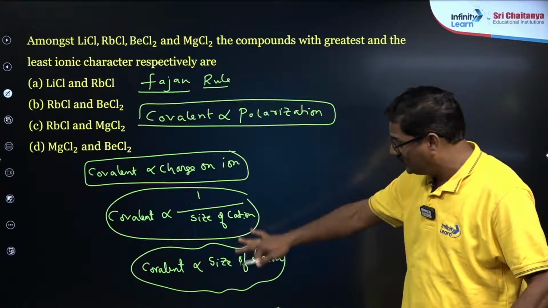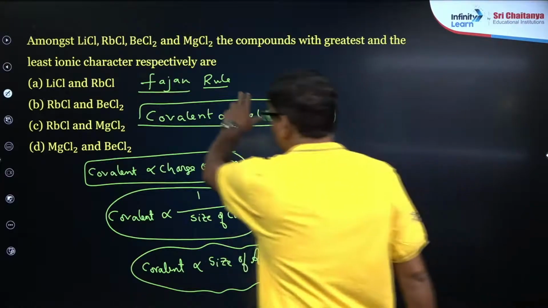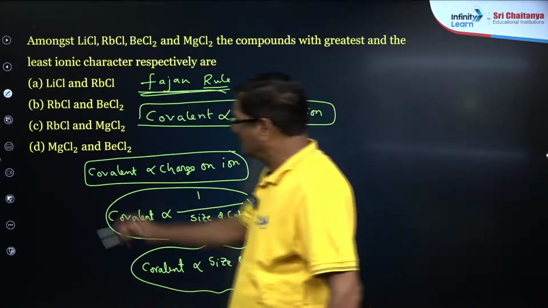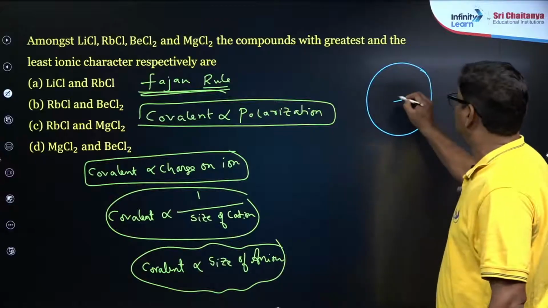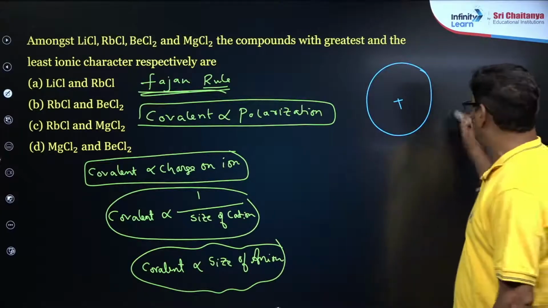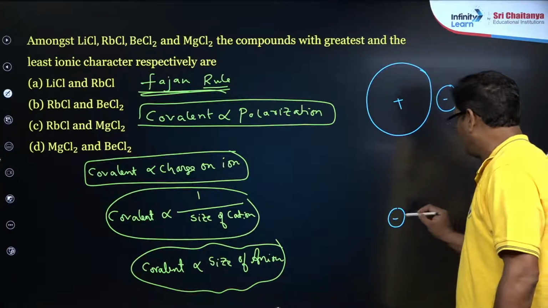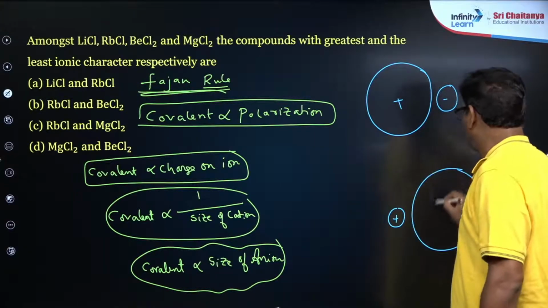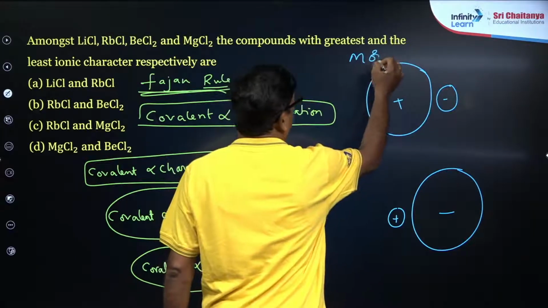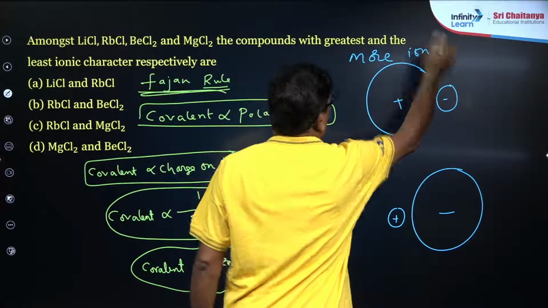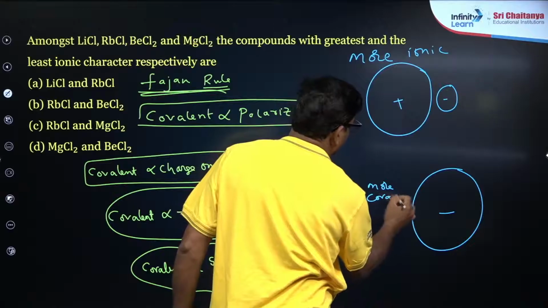If you know all these four points, you will definitely do well based on Fajan's rule. Pictorially also you can say: if the cation size is large and the anion size is small, or suppose the cation size is small and the anion size is large, this combination will be more ionic, and this combination will be more covalent.